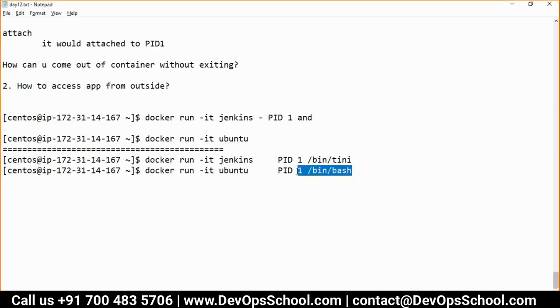That is how it is. That's the reason when you do -it to Jenkins, you interact with tini, and when you interact with Ubuntu, you interact with /bin/bash.